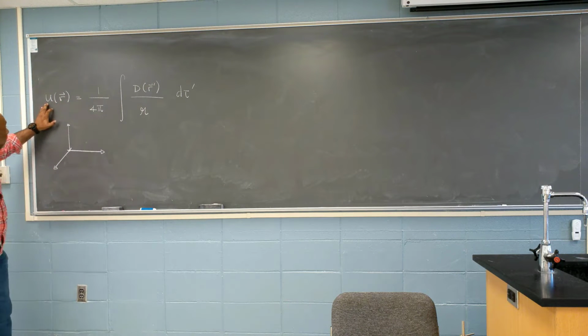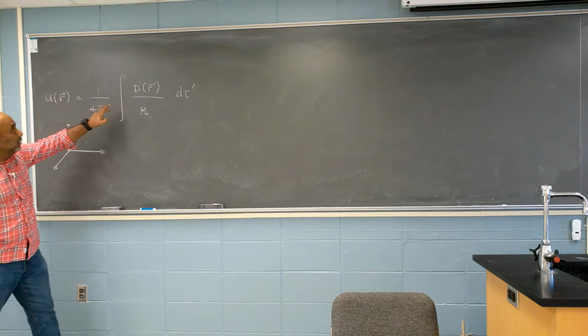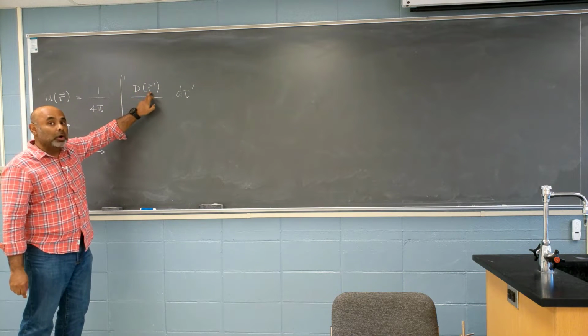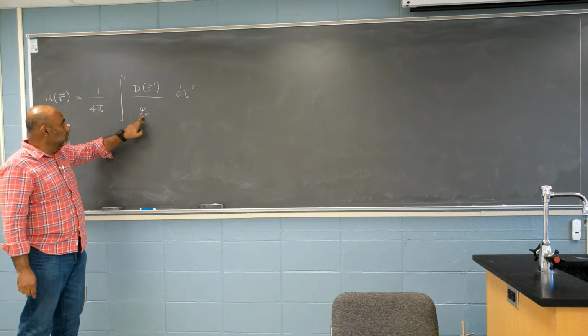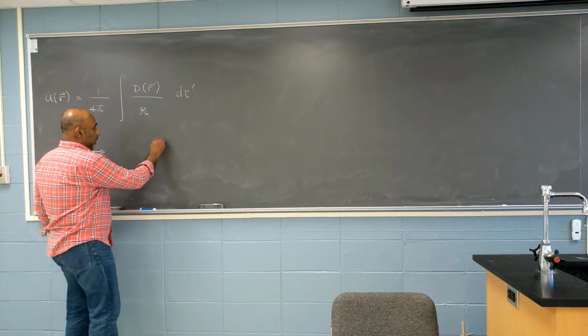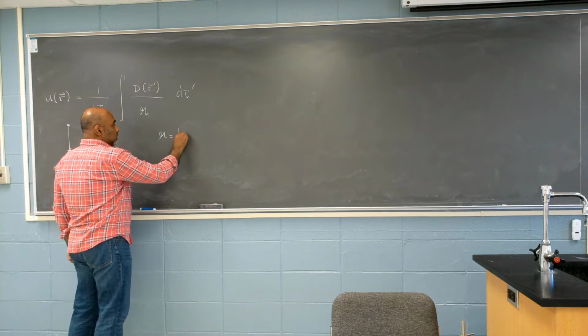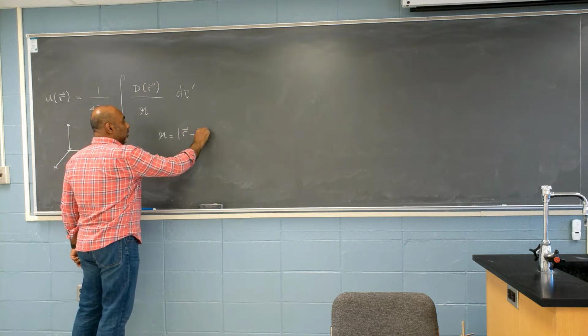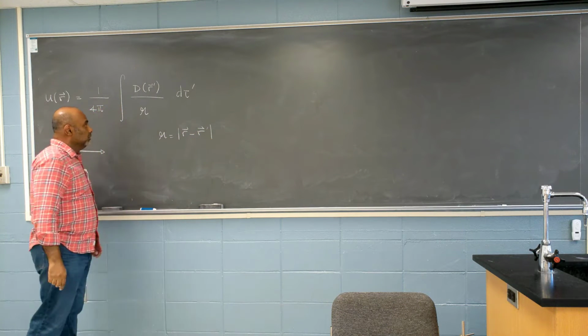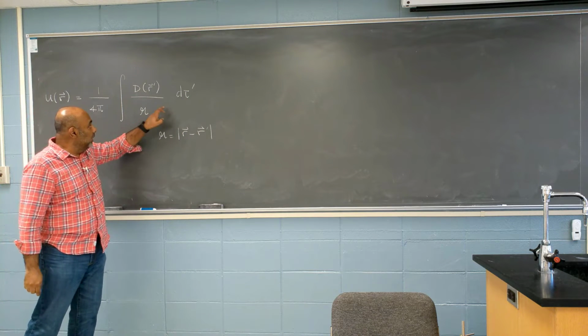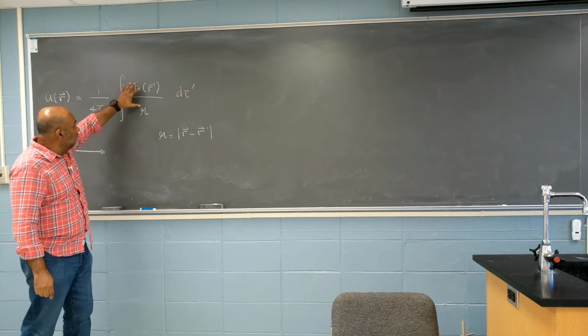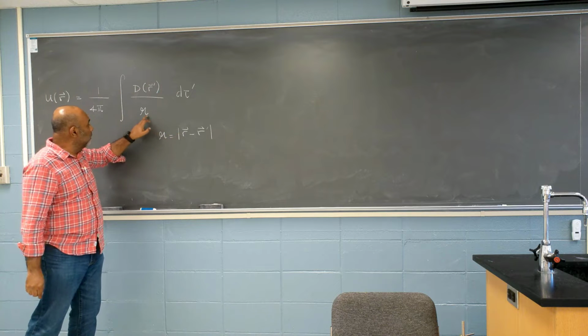The function u is to be evaluated at r. But to get u at r, you have to integrate this function over all r prime. This one is nothing more than r and r prime. So this quantity is also being integrated. The only place where r appears is over here.